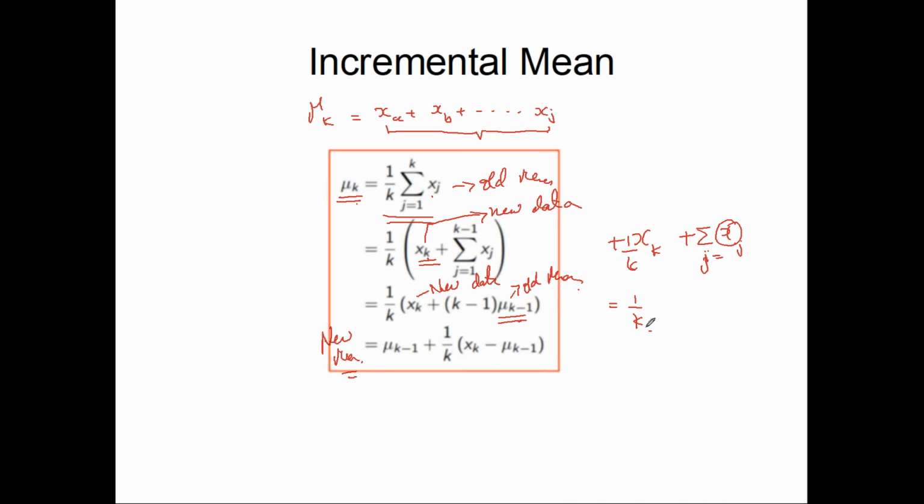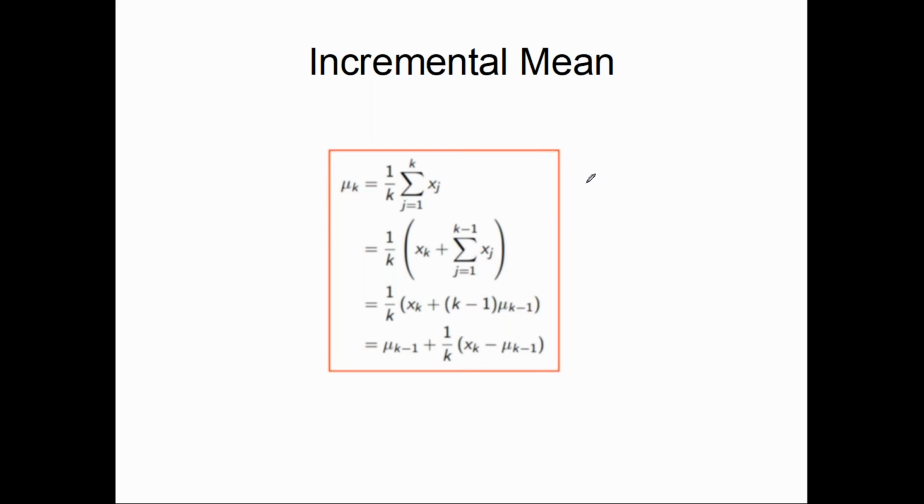So how do I put it in some numbers also, one minute. Two plus 4 plus 6, right? Some mean is there. To this, 2 plus 4 plus 6 is 12, divided by 3 is 4. This is your old mean.